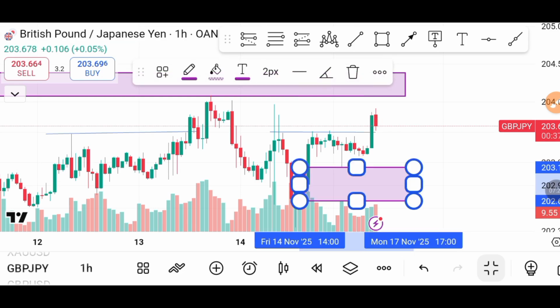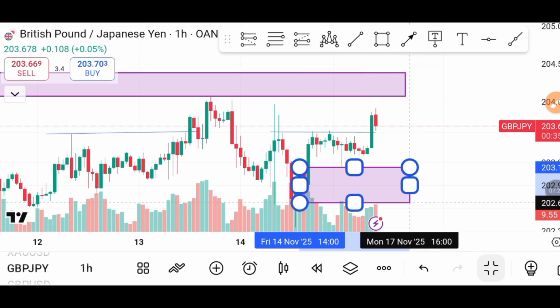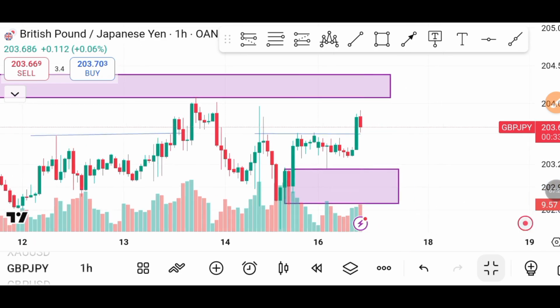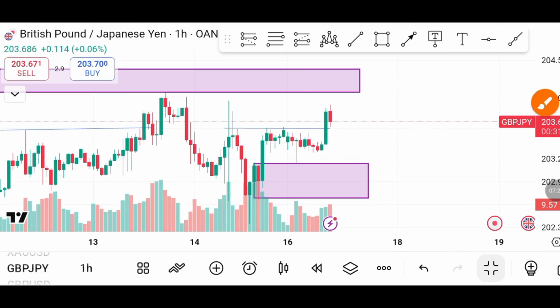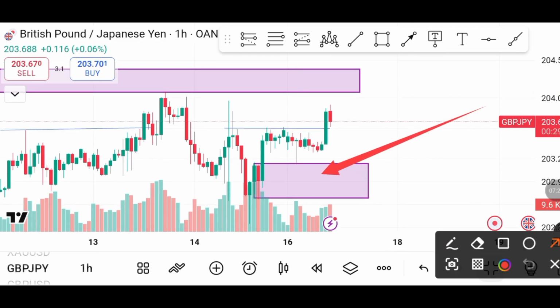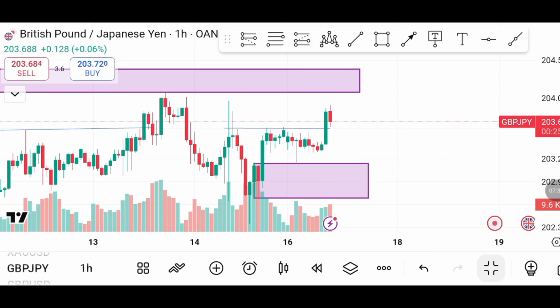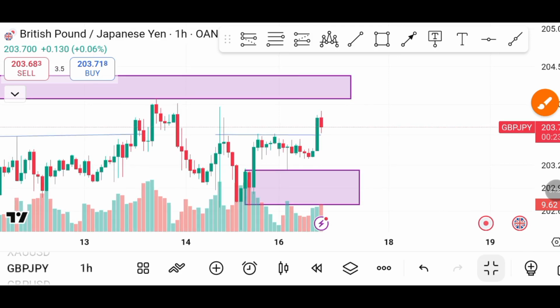So this other block somehow has been mitigated, though not fully. Price can do anything. Price can still push to the downside to this other block and sweep through it. So let's expect that it can happen.